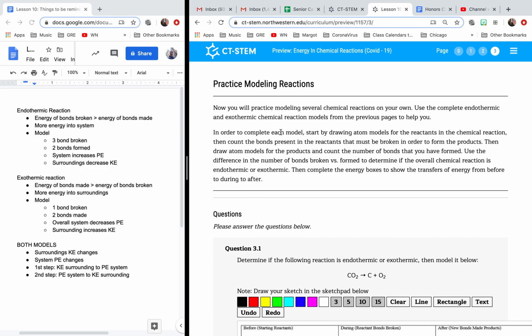In order to complete each model, start by drawing the atoms for the reactants in the chemical reaction and count the bonds present in the reactants that must be broken to form the products. Then draw the models for the products, count the bonds that need to be formed, and use that difference to determine if it is exothermic or endothermic. Then create energy boxes to show the transfer of energy.